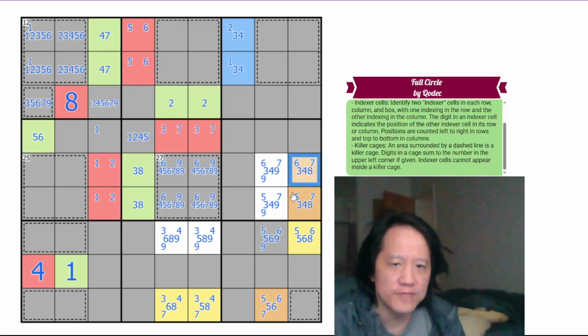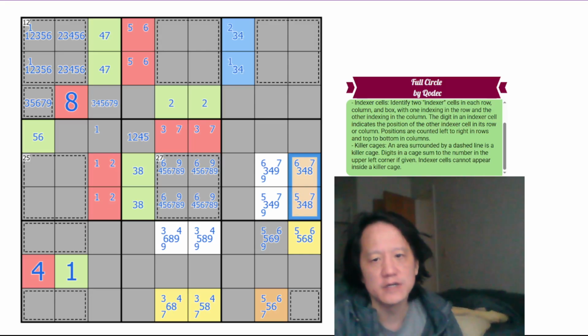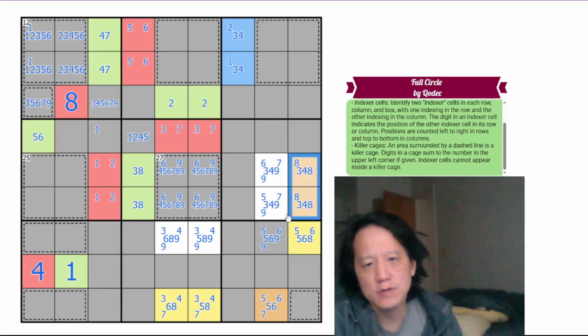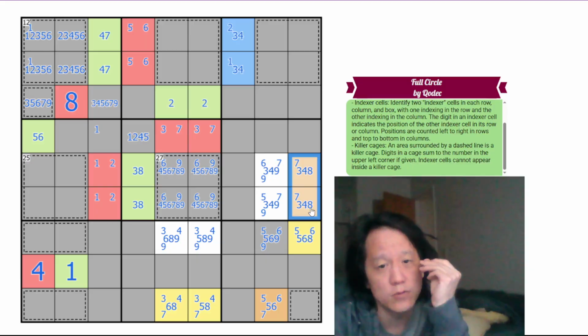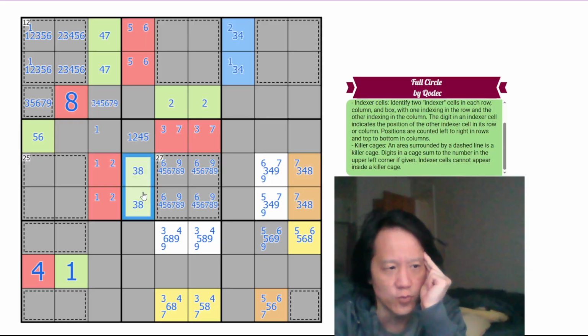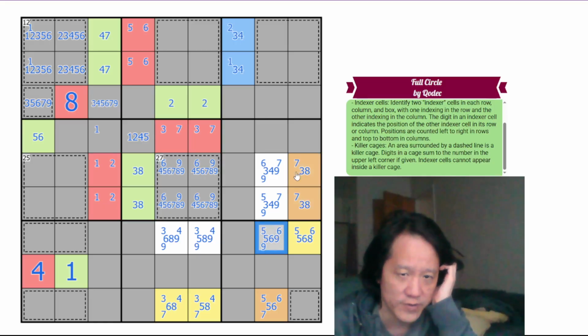That means if this is indexing column, it has to index 7. And if this is column, it's indexing 5 or 6, that's fine. If it's row, it can no longer index 4, because that doesn't index the column, it indexes a row. And again, so this is 3 or 8 if that's the case.